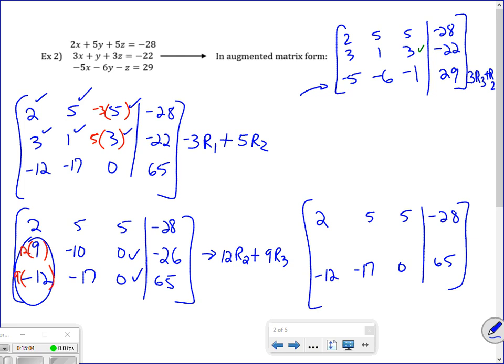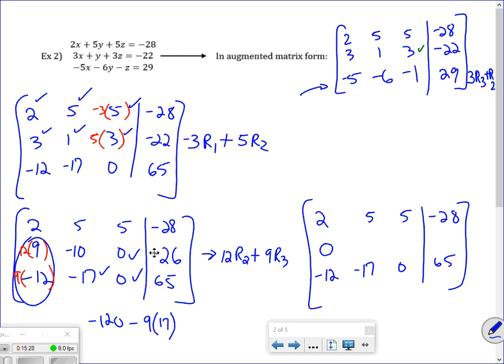But my new second row. The goal was to cancel out the first spot, so that's going to be 0. So I have to multiply 12 times negative 10, so that's negative 120, plus 9 times this guy. So basically minus 9 times 17, right?